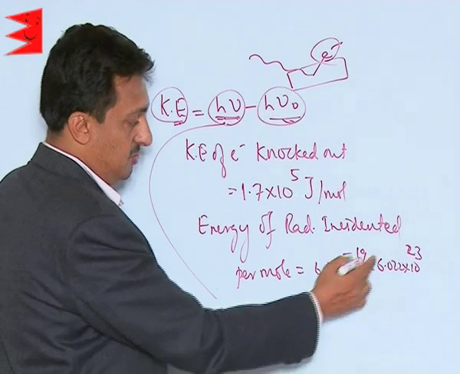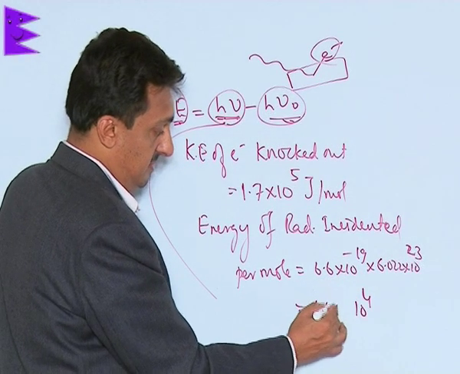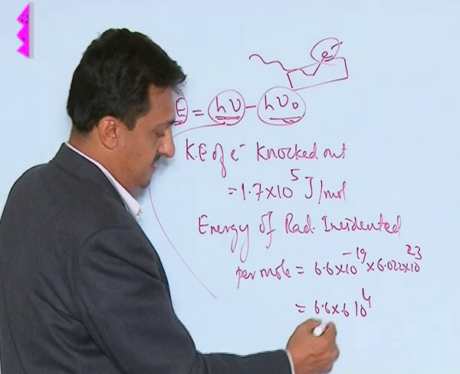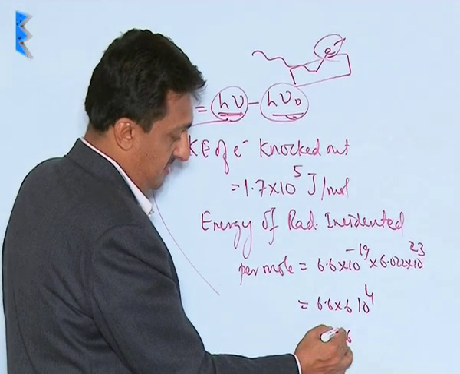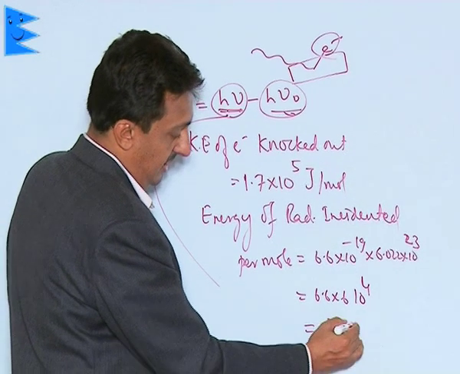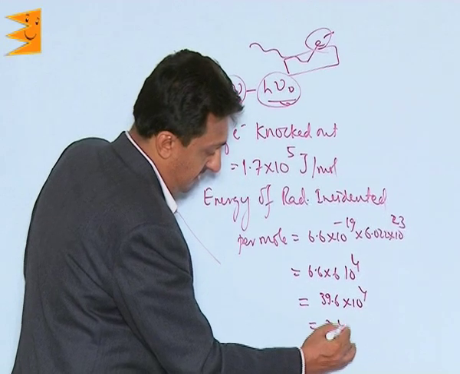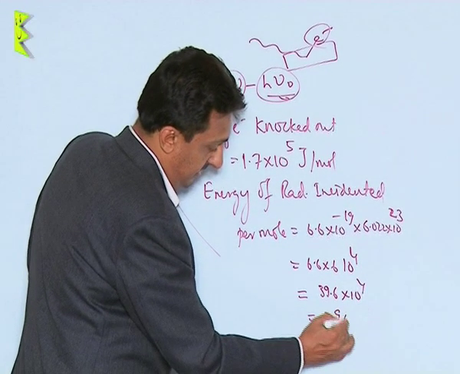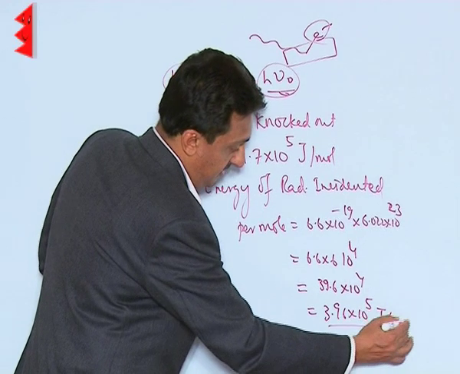So this comes out to be 10 to the power 4, 6.6 into 6, so this is 39.6 into 10 to the power 4, or approximately 3.96 into 10 to the power 5. So this much is joules per mole.